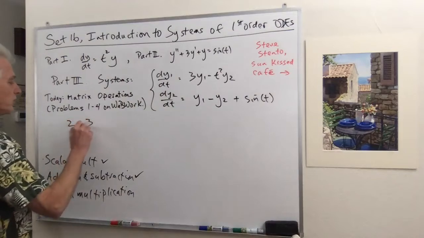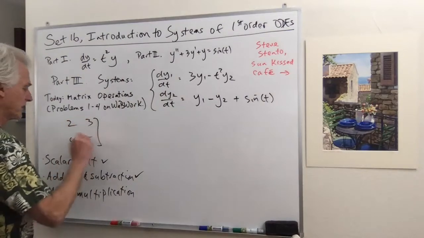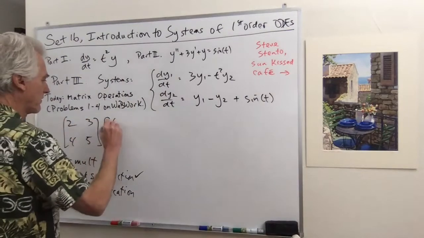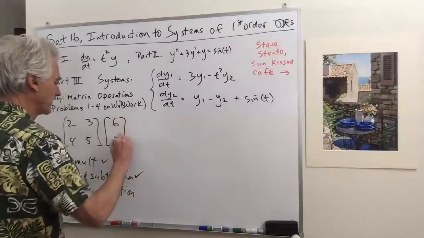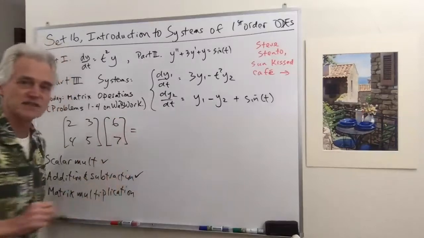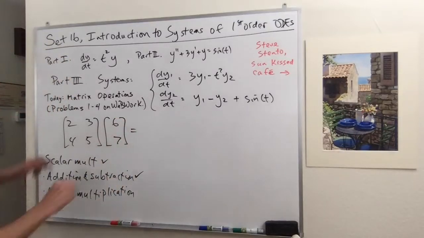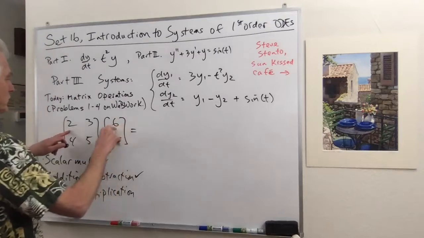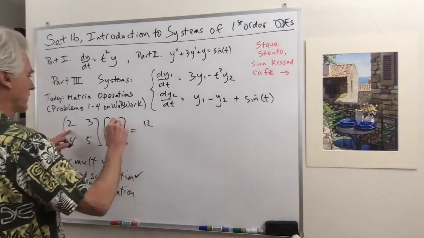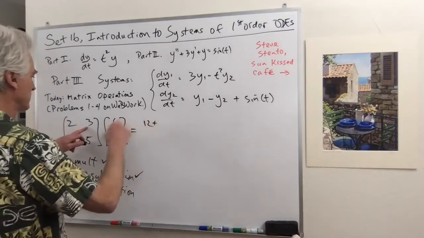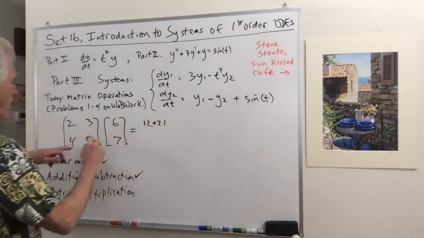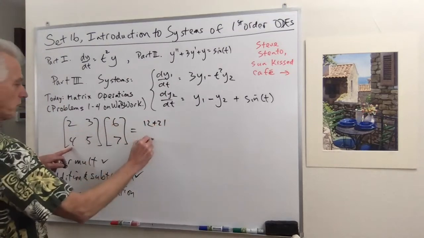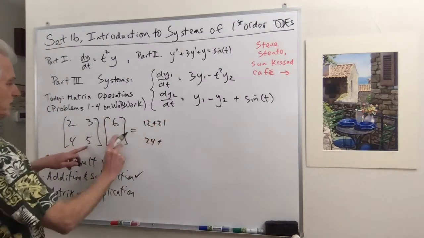Say 2, 3, 4, 5, 6, 7. Okay, this is an example of matrix multiplication. So I get 2 times 6 is 12, plus 21. And here I get 24 plus 35.